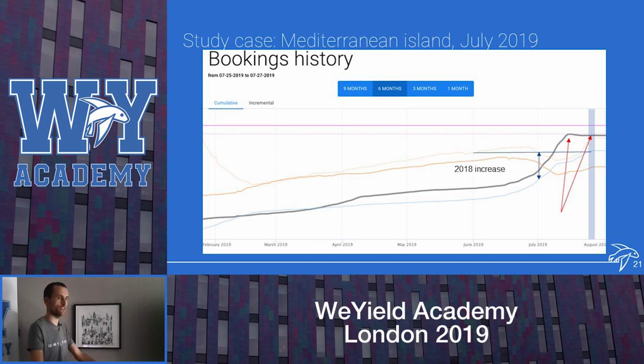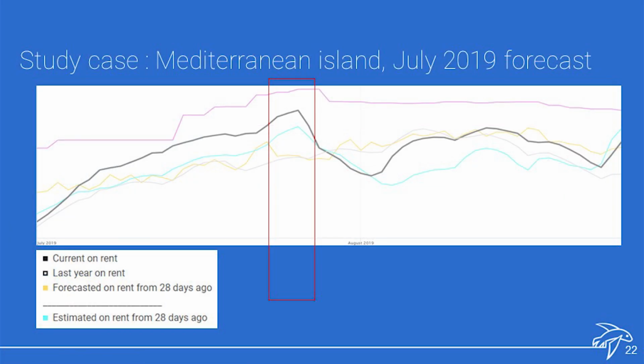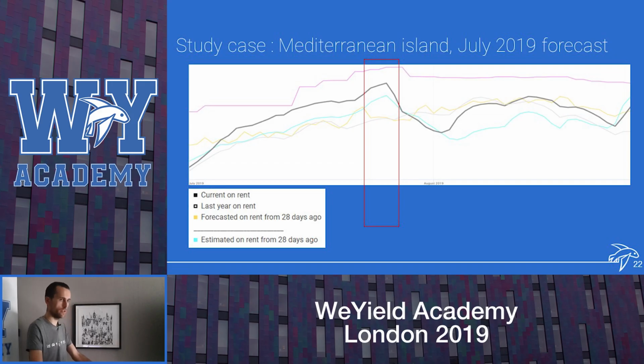So there probably was a stop sell, and we didn't accept any more bookings. At the beginning of July, we were already ahead of last year, but we finished much higher than last year. So when we make the estimate, we will add this value to this value, but still we will be below.